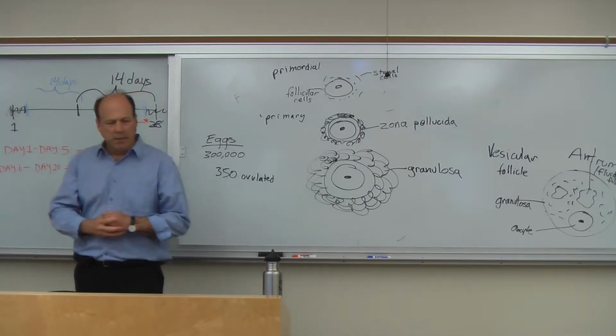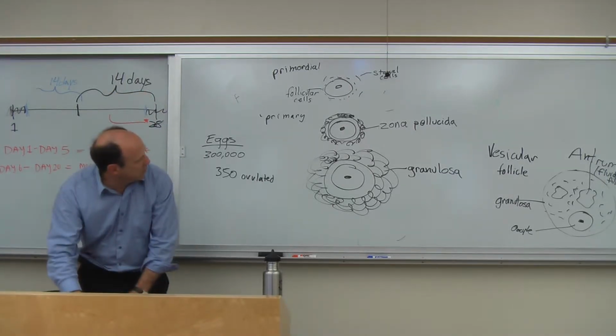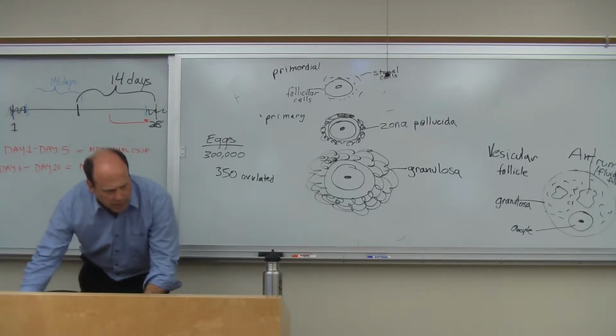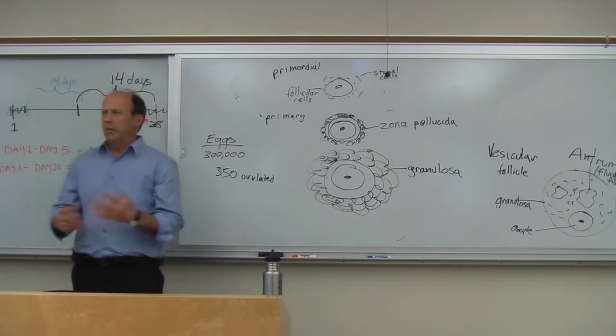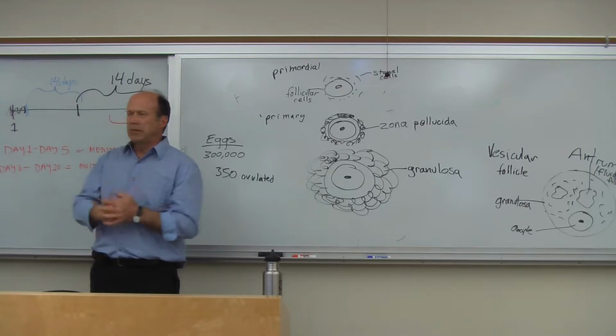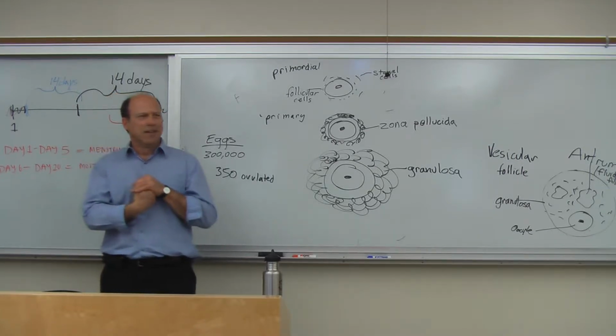So what's going to happen is that only a few of the follicles are going to start to mature. Sometimes it's up to about 20 follicles that can start to mature, but it seems like there's a competition or something.